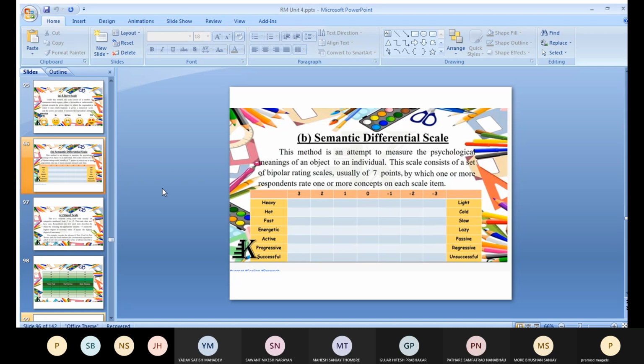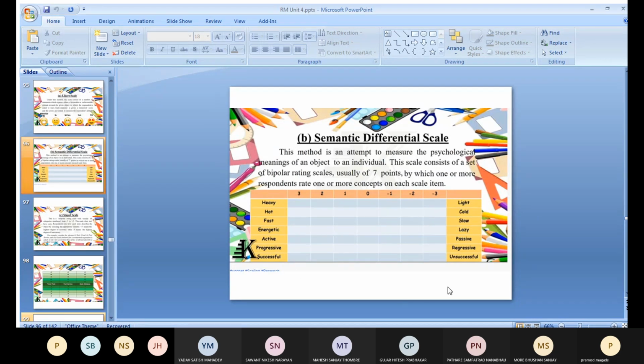Suppose someone is energetic, so I will have to maintain individually. Energy level is tremendous, 3 points, so I'll mark tick 3. And someone is too much lazy, so minus 3. Someone is so lazy, minus 2. Someone is not doing anything, 0.